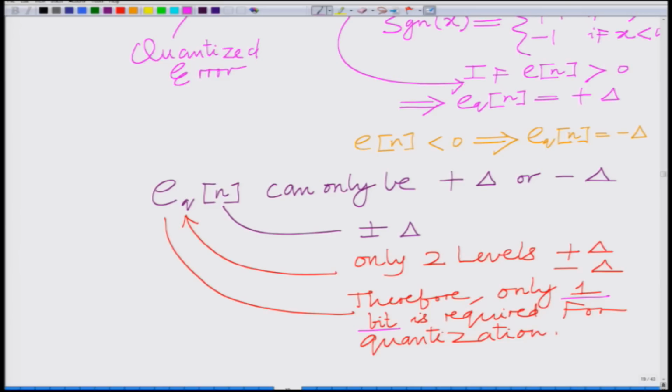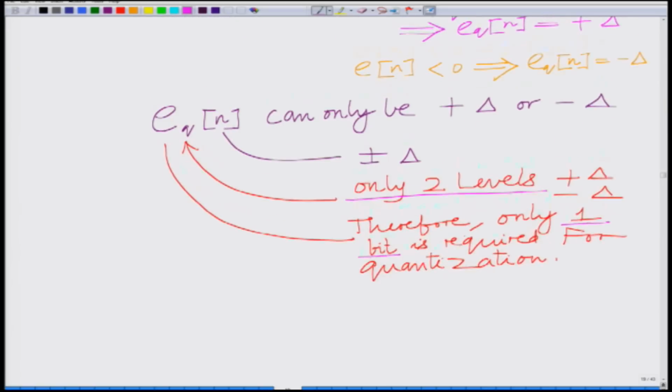Since we are using only two levels, plus delta and minus delta, only a single bit is required for quantization.